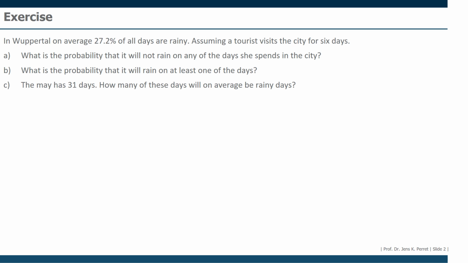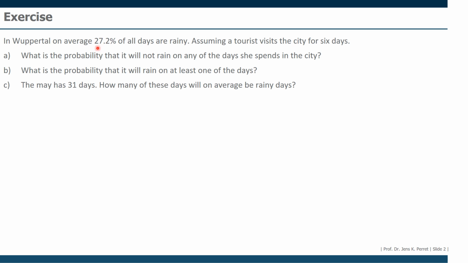Well, why is this binomial distribution? As a question before we actually start with any of the three parts. Well, the probability we have up here for a day being rainy is fixed. So if we have one rainy day, it does not mean that Wuppertal uses up its rainy day, let's say, reservoir, and the chance that the second or third day will be a rainy day decreases.